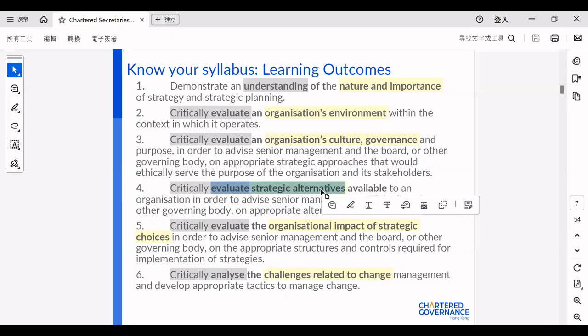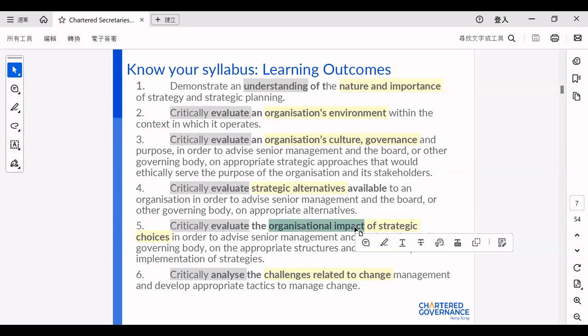You have to demonstrate a strategic eye for the implementation challenges and how you can manage those challenges. So that is the organizational impact, which means the structure and the control system of the organization.